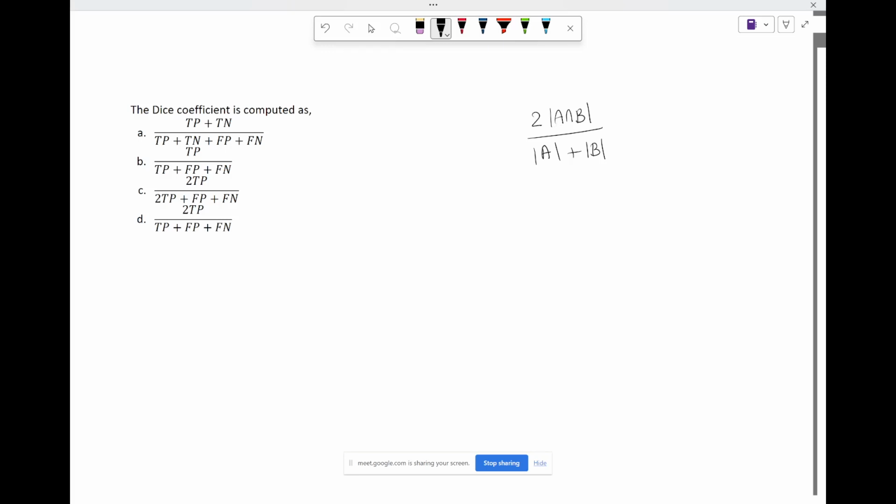So basically this dice coefficient is used to evaluate segmentation output with respect to ground truth.